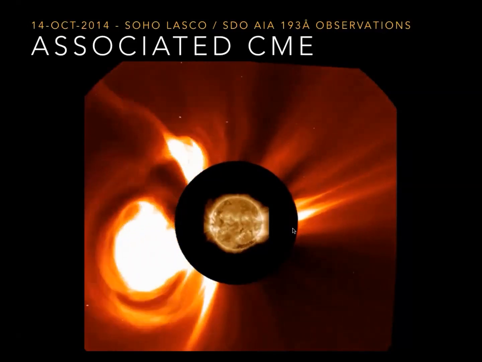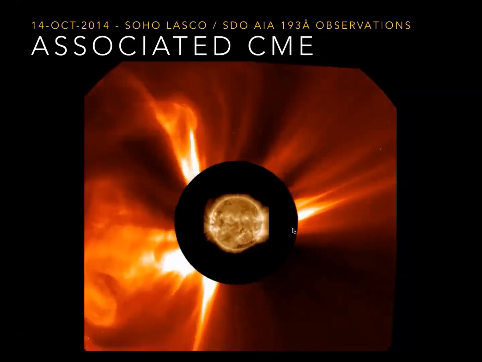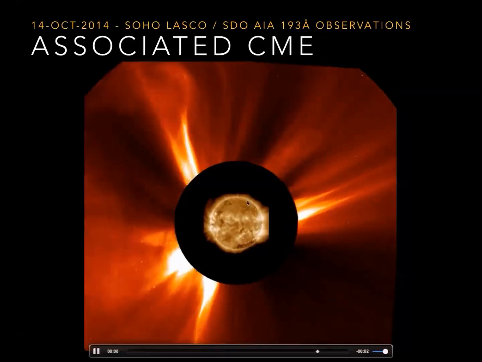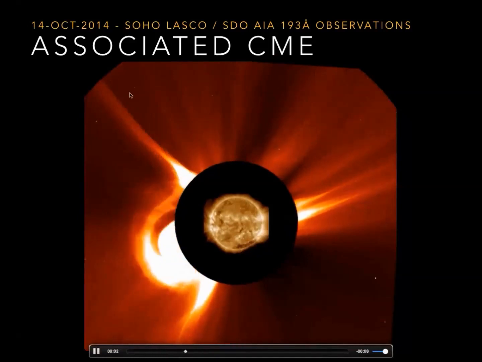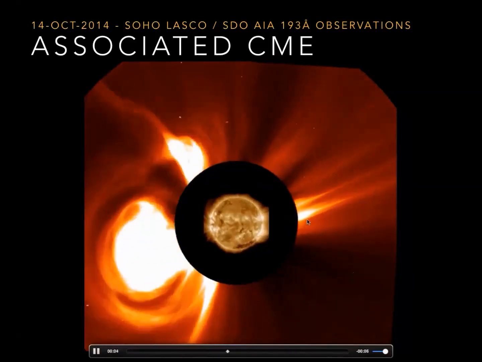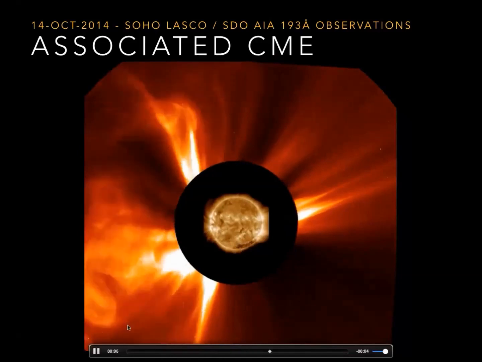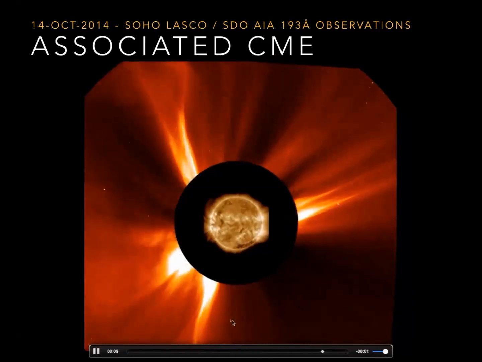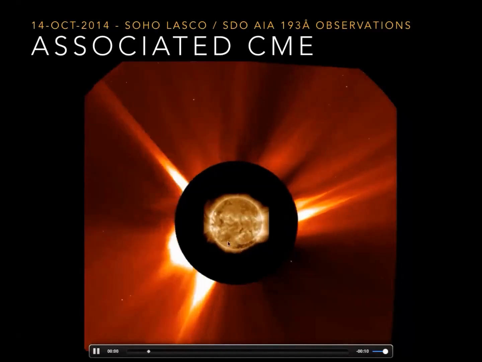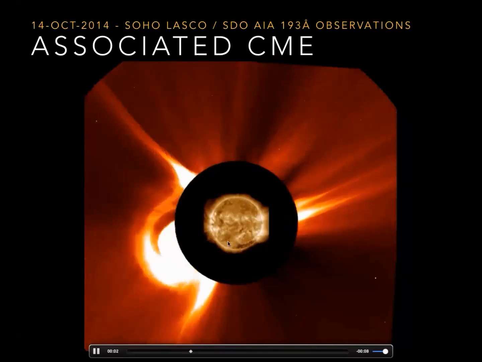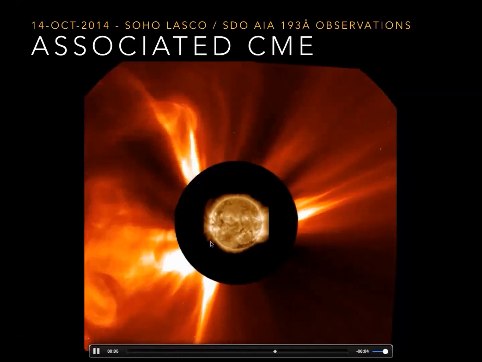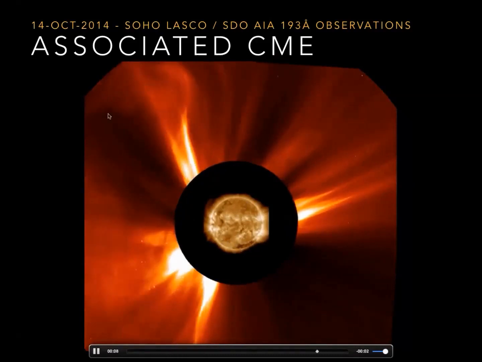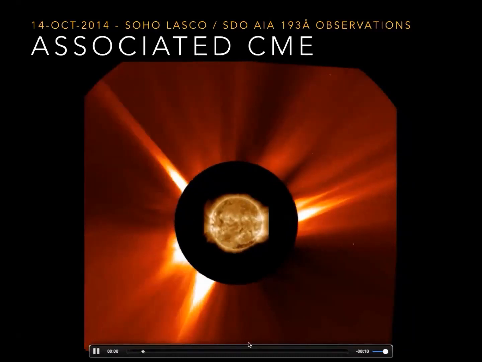If we look at coronagraph observations, what you're seeing here is an AIA image, looking at the solar disk in the center, and over the top we're seeing a LASCO white light image. This is related to the very long post-flare loop system that I showed you earlier. A flare occurred just behind the solar disk in this particular case, and it produced this large coronal mass ejection.